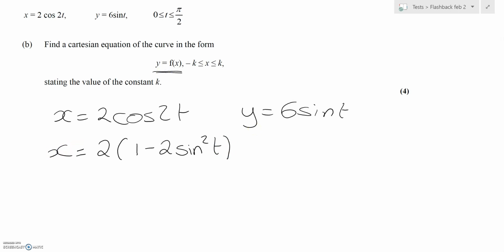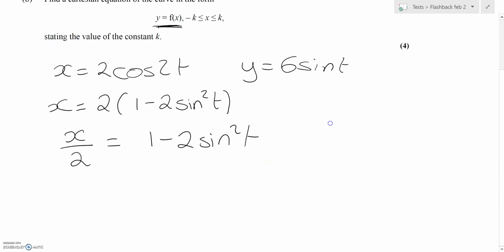In the question we've been asked to give the answer in the form y equals f of x, so we need to make sure y is the subject. Well, y equals 6 sin t, and we've got x in terms of sin squared t. So x over 2 equals 1 minus 2 sin squared t.